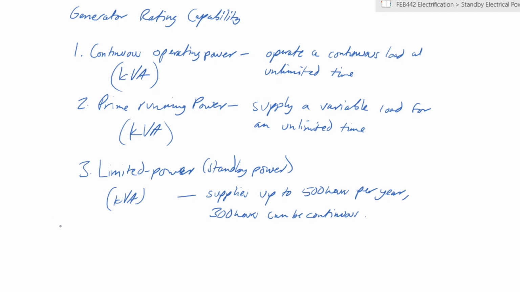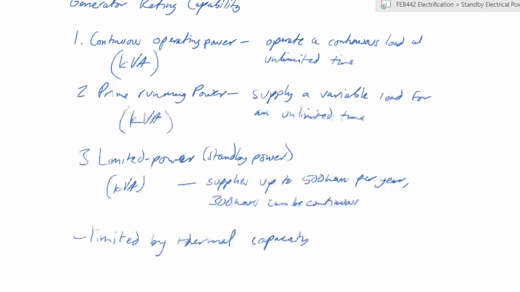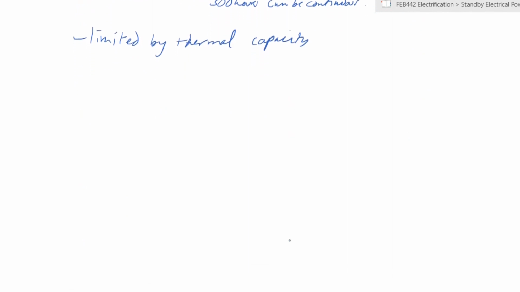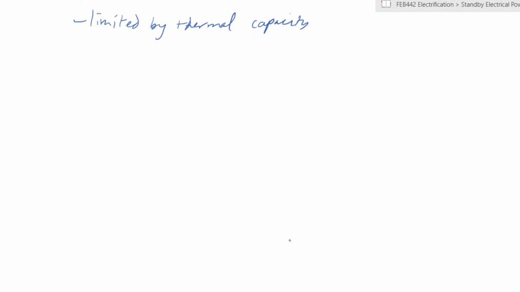So another aspect of the rating capability of a machine is that generator loading, as I've mentioned, is limited by thermal capacity. In other words, the amount of power that can be supplied by a genset is limited by how quickly it can dissipate the heat that is generated by the engine.